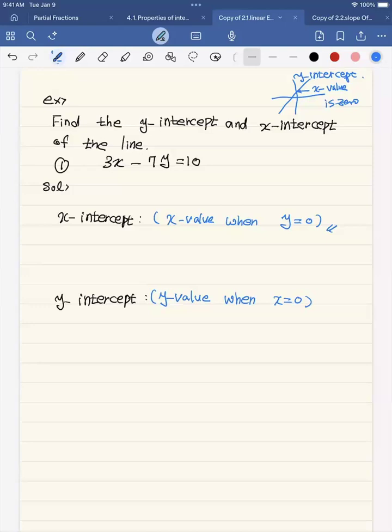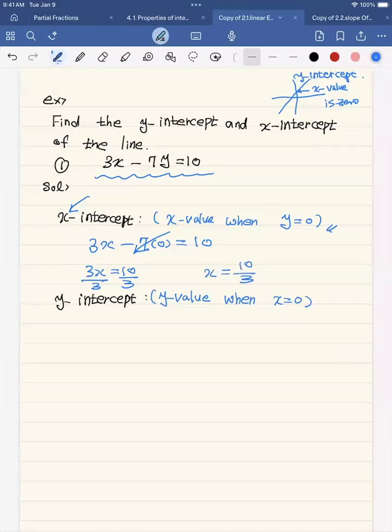So from the given equation, we leave x as it is because we don't know what the x value is, but we know the y value is 0. When you plug in 0 for y, this term will vanish. So we have 3x equals 10, and then we divide by 3 on both sides and get x equals 10 over 3.